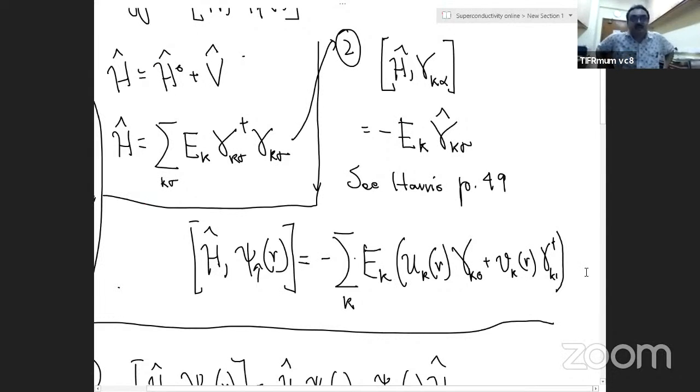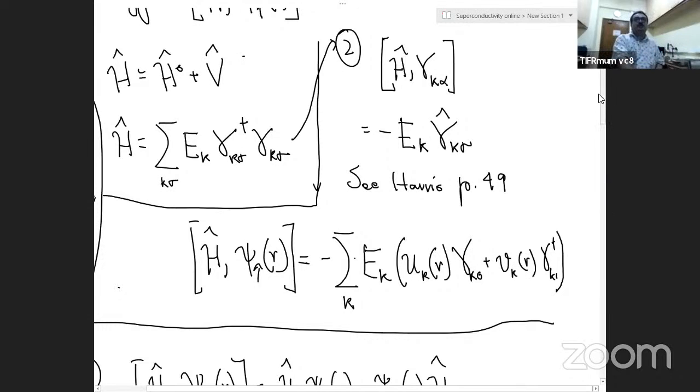Now, these two Hamiltonians are actually the same Hamiltonian. They are representing the same system written in two different forms. So therefore, the coefficient of gamma k0 and gamma k1 dagger in both these forms should be the same.